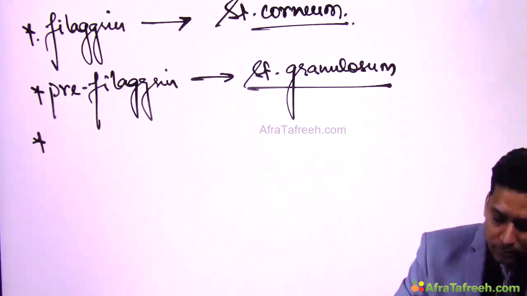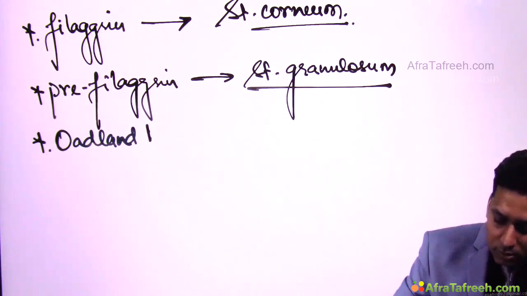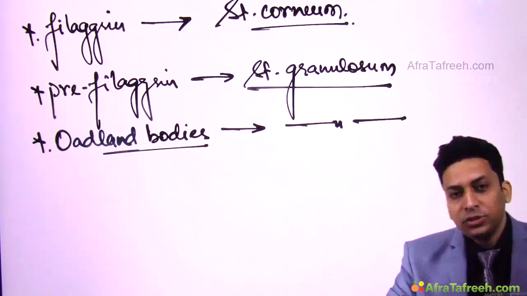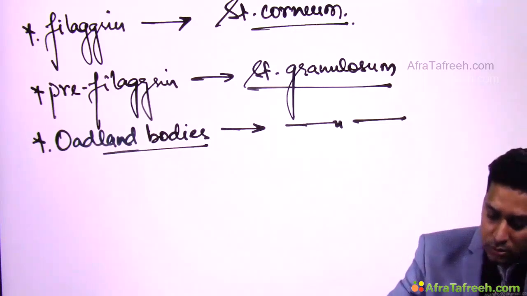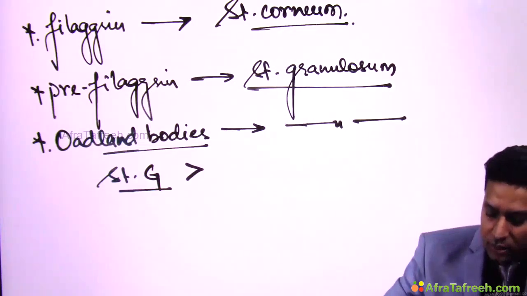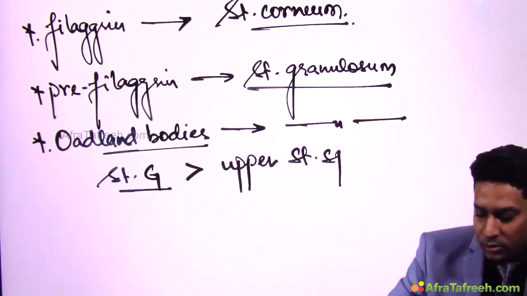Similarly, Odland bodies. I have told you they are present in stratum granulosum, but if stratum granulosum is not there in the option, you can choose upper part of stratum spinosum. Why?